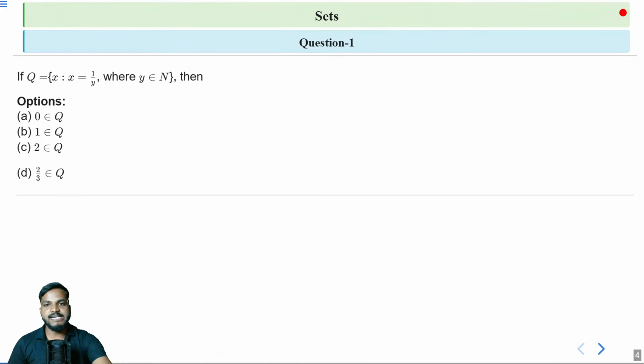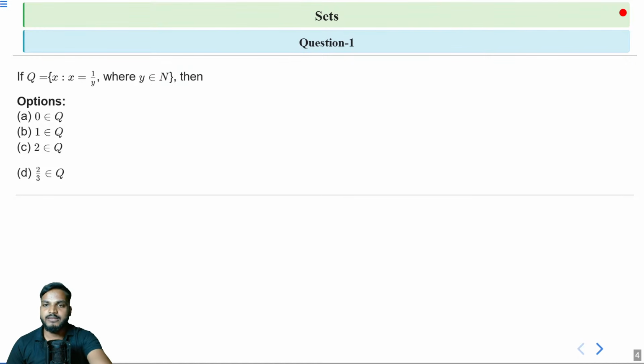The first question states that we have a set Q. The definition of the set is: x belongs to Q if x is equal to 1 by y, where y is a natural number.